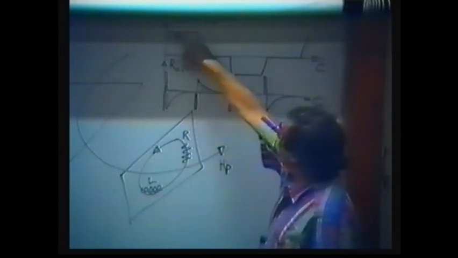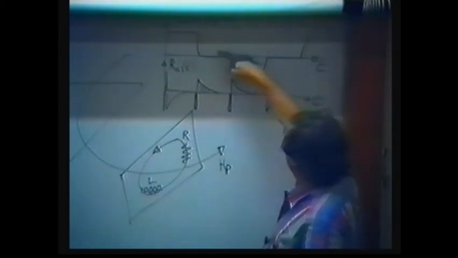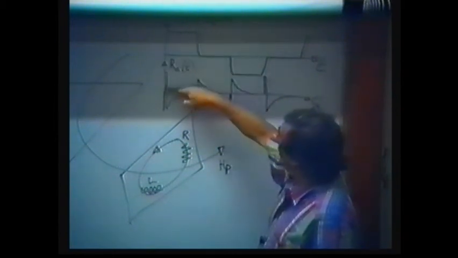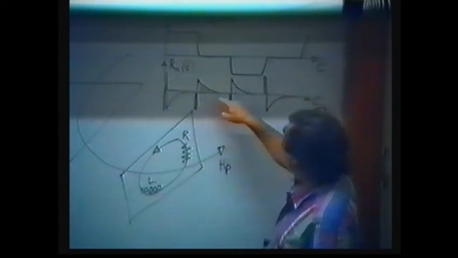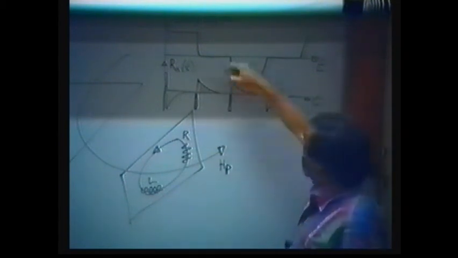So since I've shown here virtually a square wave with short ramps, the EMF in the target will consist of little pulses, as I've shown, of width equal to the turn-off time.